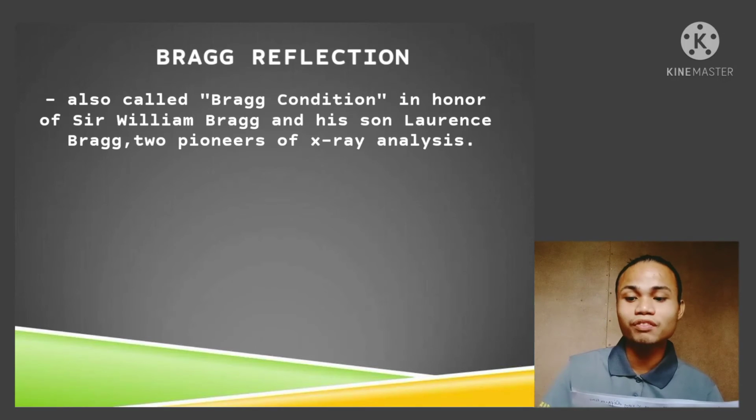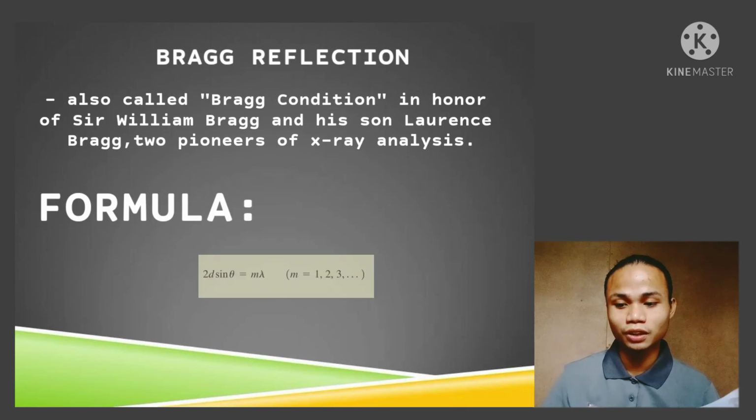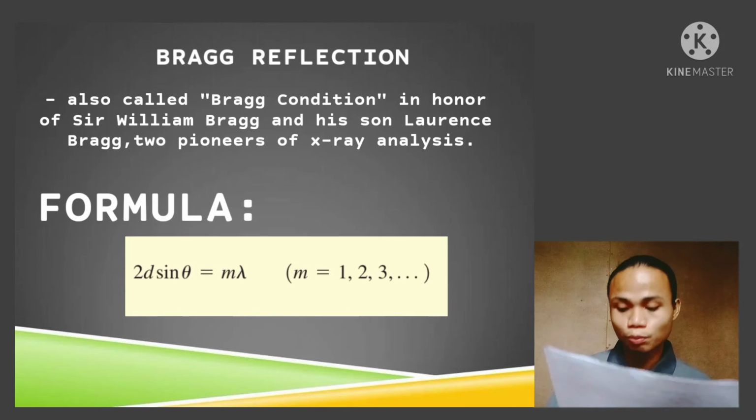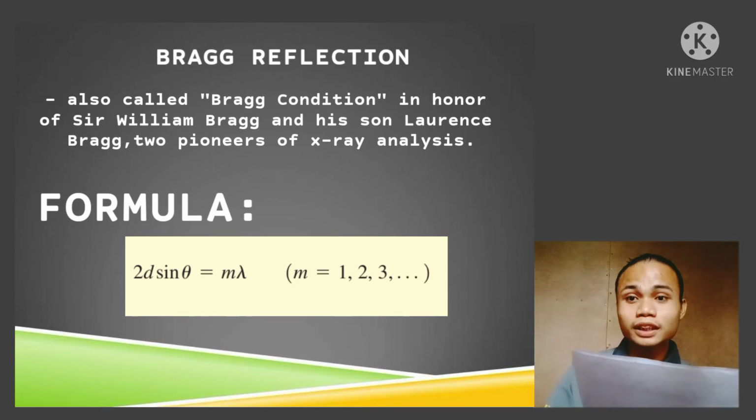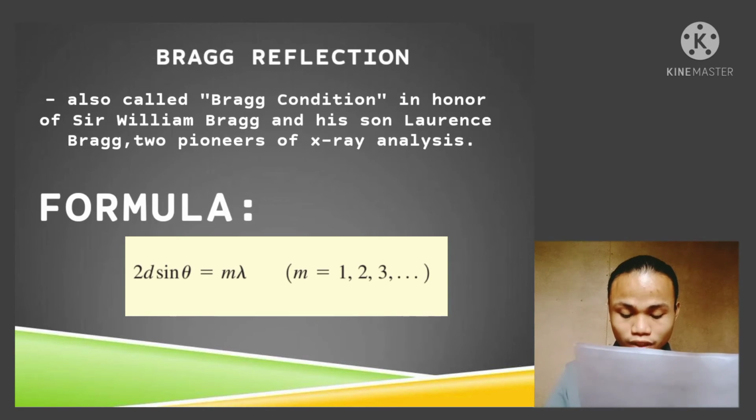peaks of reflected radiation. The Bragg condition has the formula 2d sine theta equals m lambda, where d is the distance between adjacent planes, m is the interference maximum, and lambda is the wavelength. m can have different values: 1, 2, 3, and so on.